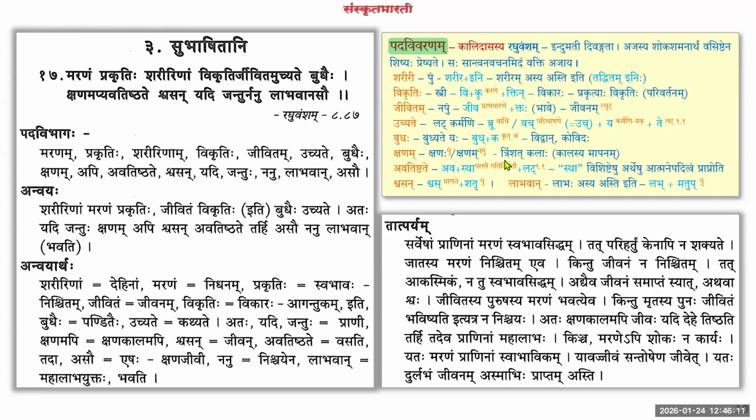And one more thing. Raghu Vamsham 8.87 means 8th sarga, na? 8th sarga, 87th verse. Pretty deep. It's not in what we have read. This 8th sarga must be closer to Dasharatha or something. Rama, Dasharatha. We have gone further ahead in Raghuvamsha there.